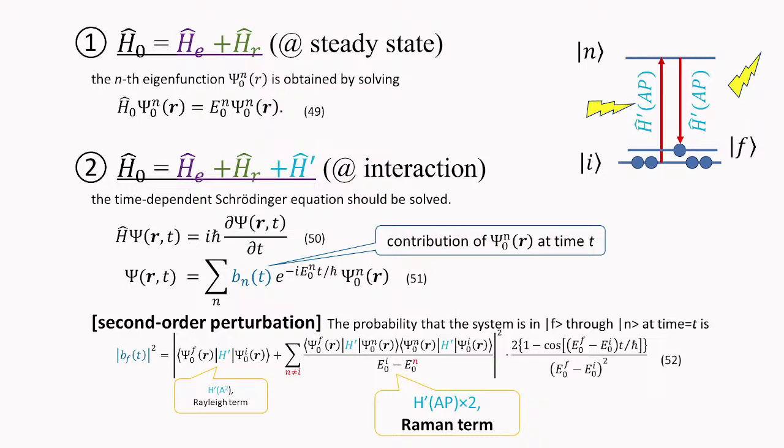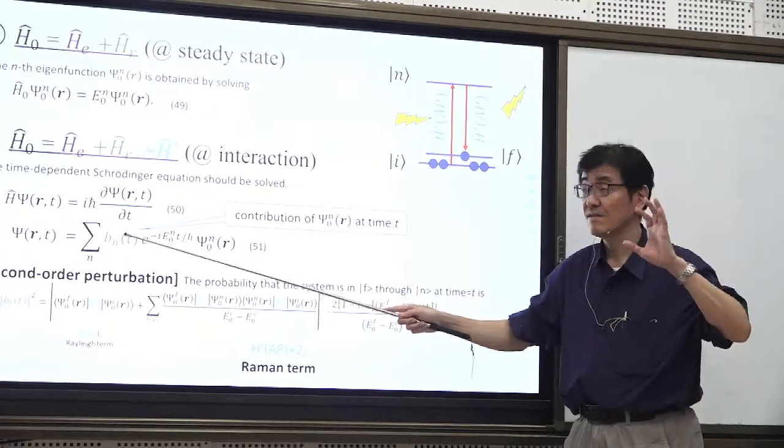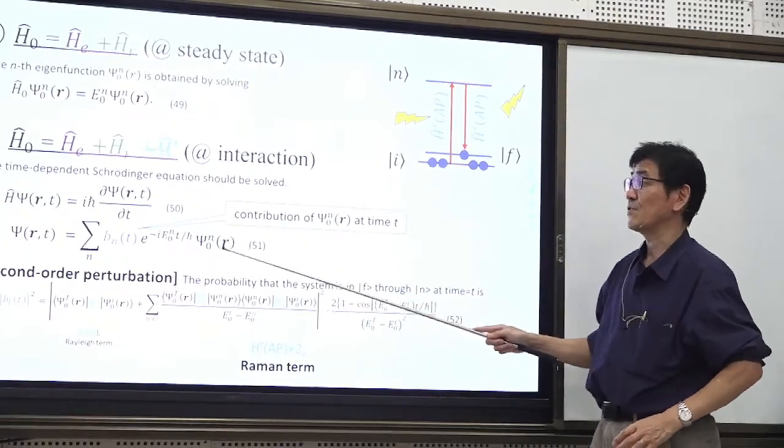And the temporal dependence or significance of this wave function is expressed by using the time-dependent coefficient, B and T. B and T indicates the contribution of this wave function at time t.